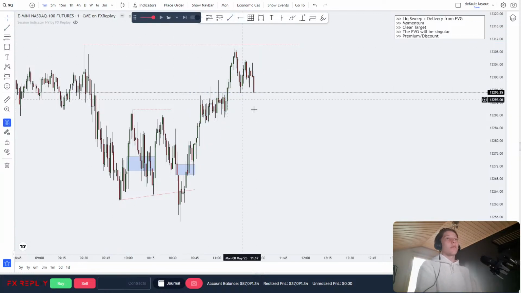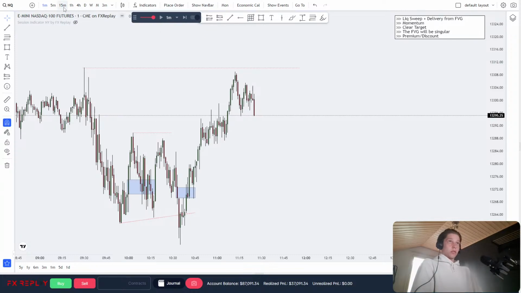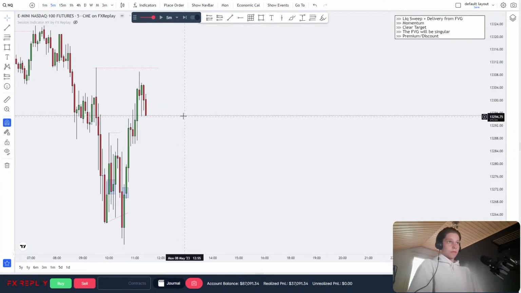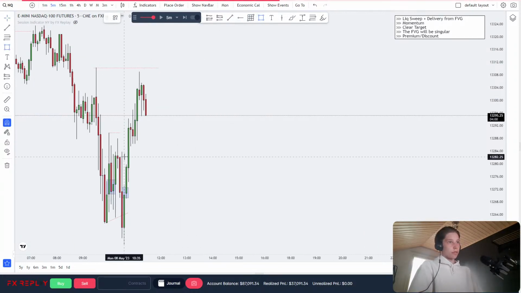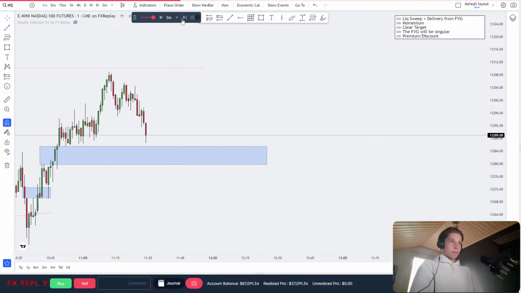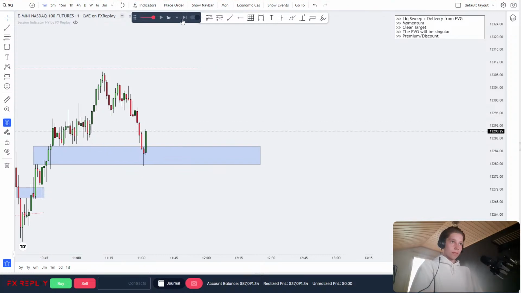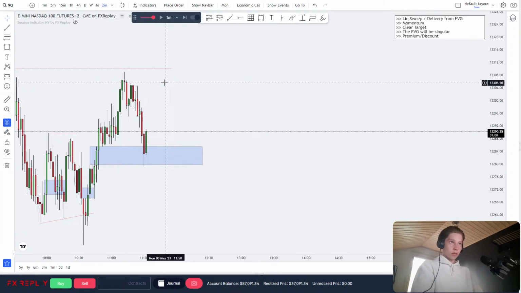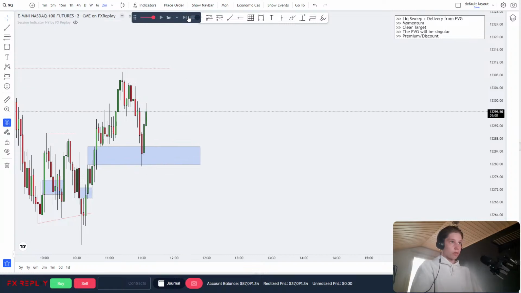It's getting into lunchtime, but if this sweeps some sell side now and gives you a bullish scenario, this is quite a nice buy, I'm not going to lie. Tap. M2 has a singular gap. Oh, the real buy should have been there.